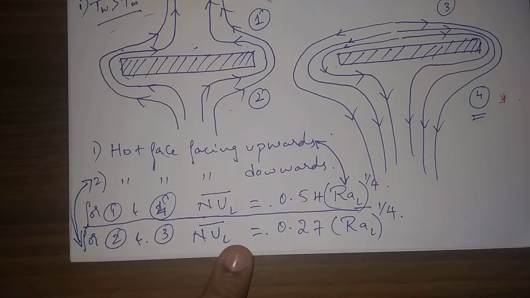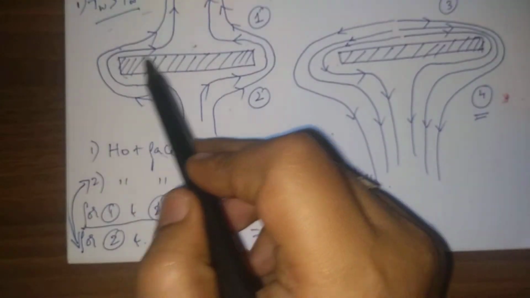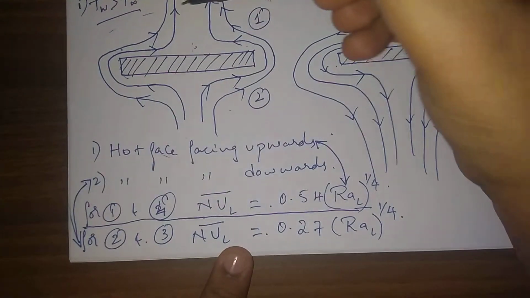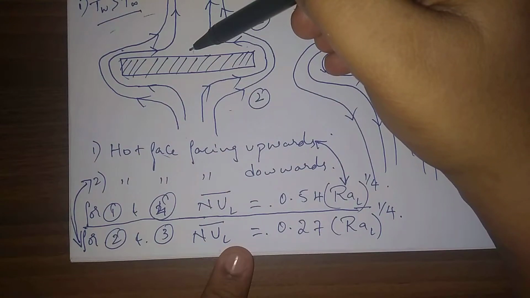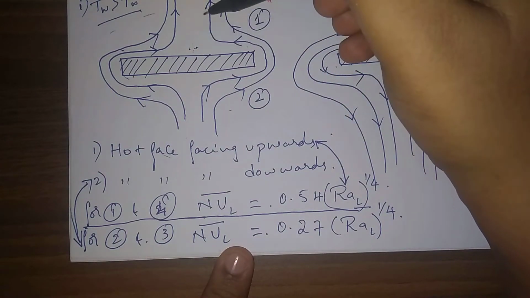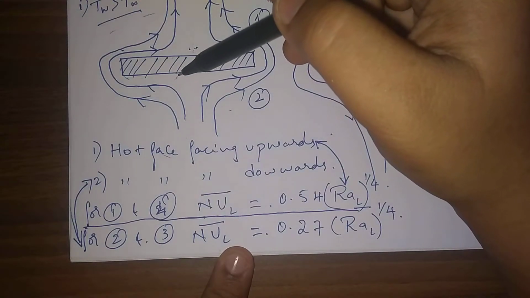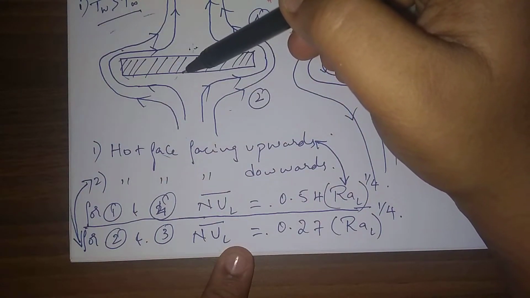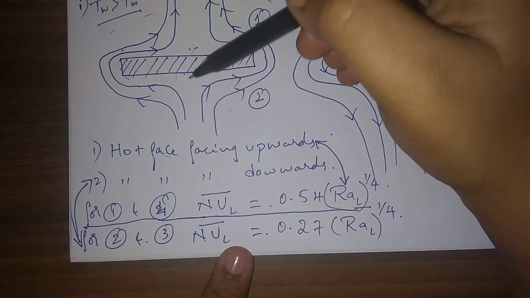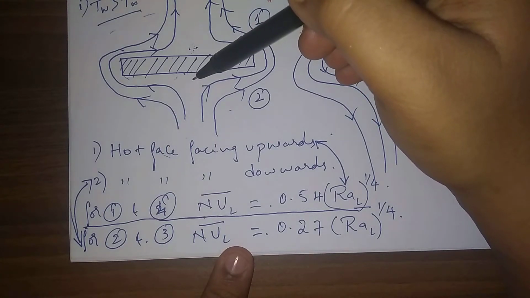So whenever you want to calculate the heat transfer coefficient for any horizontal plate, you need to first calculate the h top, considering the hot face facing upwards. You can use this correlation. Then you are also supposed to calculate the h bottom, considering that the hot face is facing downwards. Similarly, simultaneously you have to calculate the Q top and Q bottom.